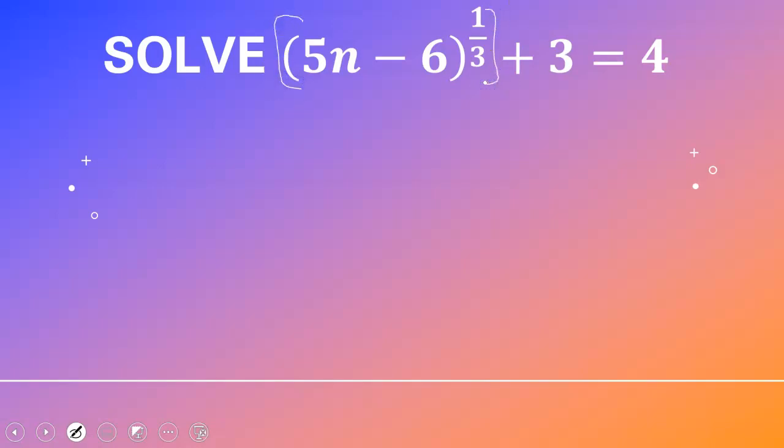So I need to isolate any type of radical. So I want to isolate what's boxed in. So I'm going to subtract that 3 from both sides. And remember that the cube root and the 1/3 power are equivalent statements.